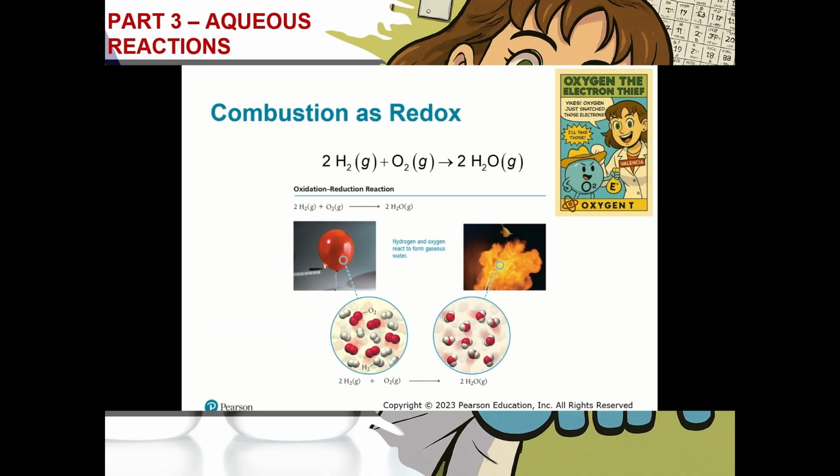Here, combustion is a type of redox reaction. So oxygen pulls electrons from other substances, like here from the hydrogen. Like this is a thief, an electron thief.